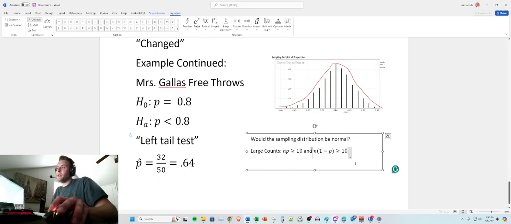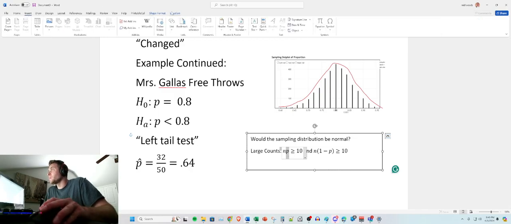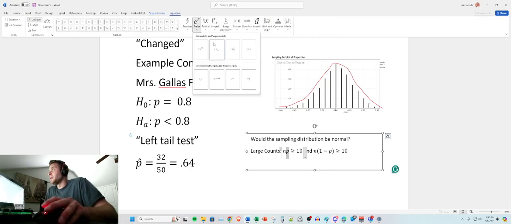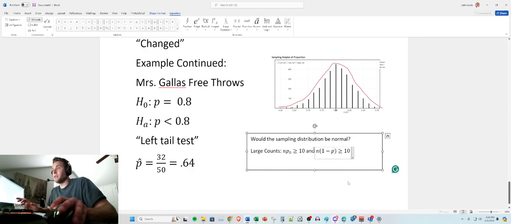Now you'll notice we don't know what the true population parameter is. We don't know what p is for this. So we're actually going to end up using p sub 0 in these places. So you can add that to yours.